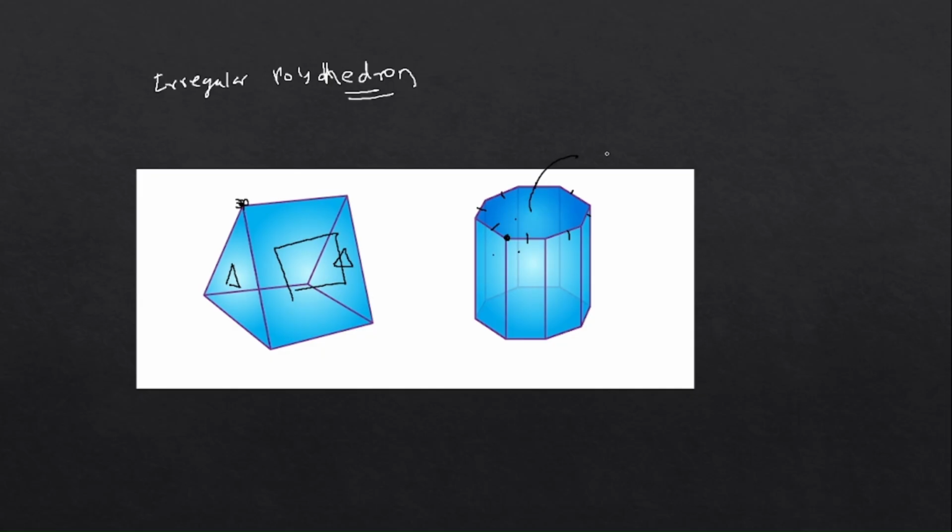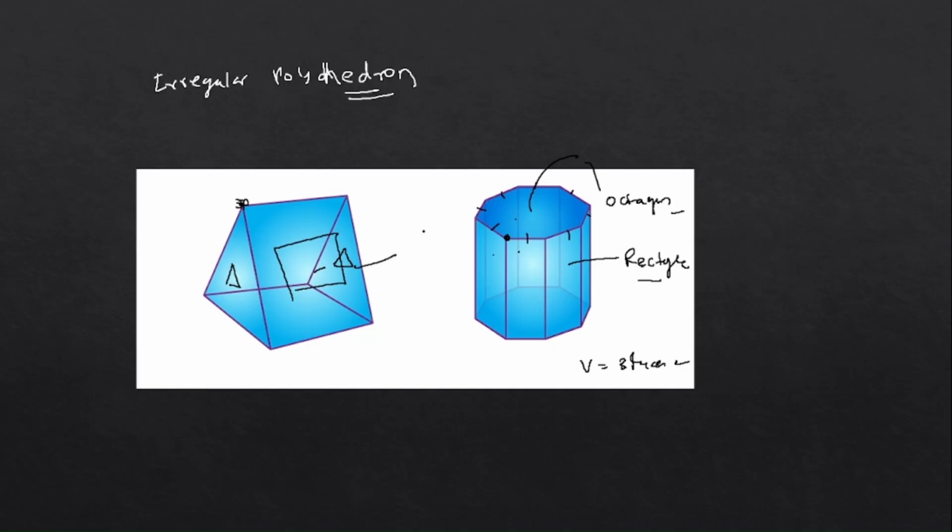The topmost face is an octagon. The bottom one is also an octagon, whereas this side is a rectangle. Okay. Now the vertex is touching three faces, no doubt, but it is an octagon, a rectangle, a rectangle, a triangle.